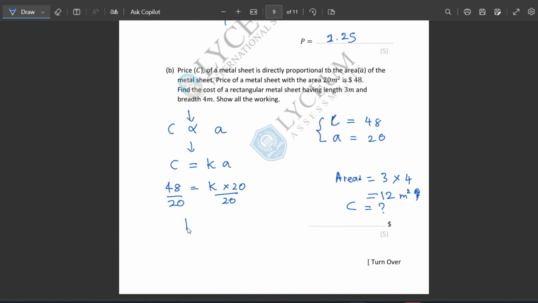So then we get k equals 2.4. Then we have to find the price for the given area of the metal sheet. So C equals 2.4 times 12. So we can find the answer, 28.8.